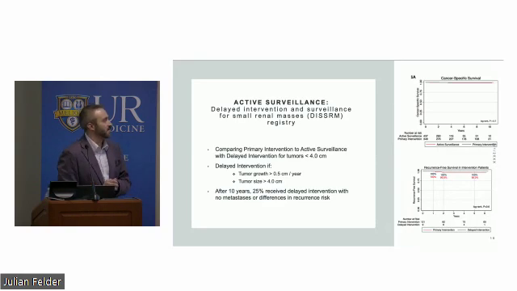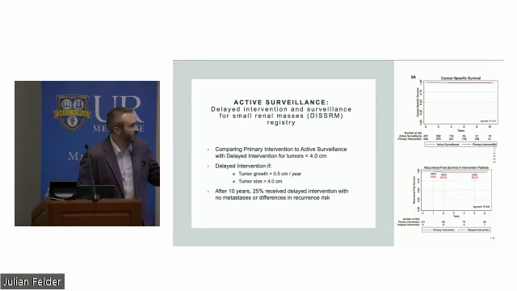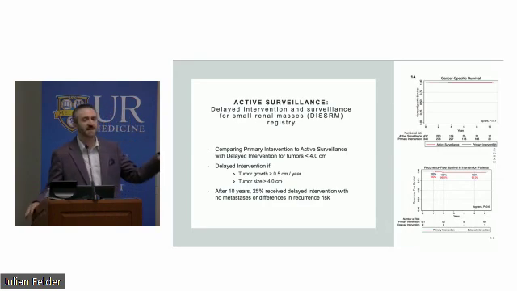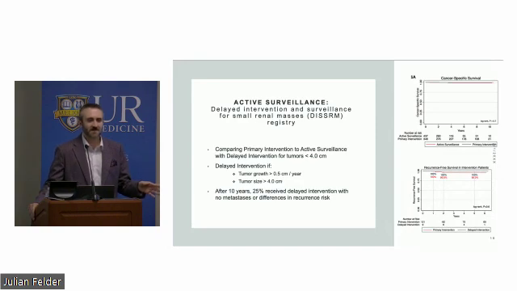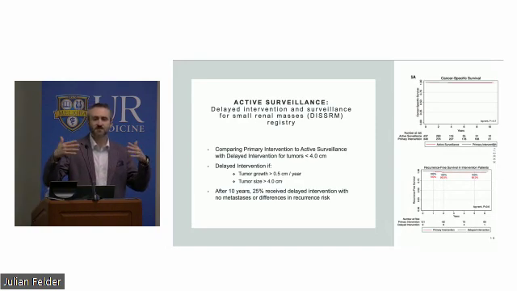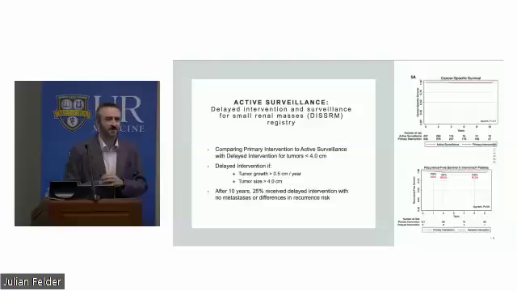And as you can see here from some of this data, for tumors of this size, after 10 years of follow-up, about 25% of people ultimately received some form of treatment. But nobody that was being watched had any kind of disease progression or spread to other parts of the body. Okay, so it's a very safe strategy.